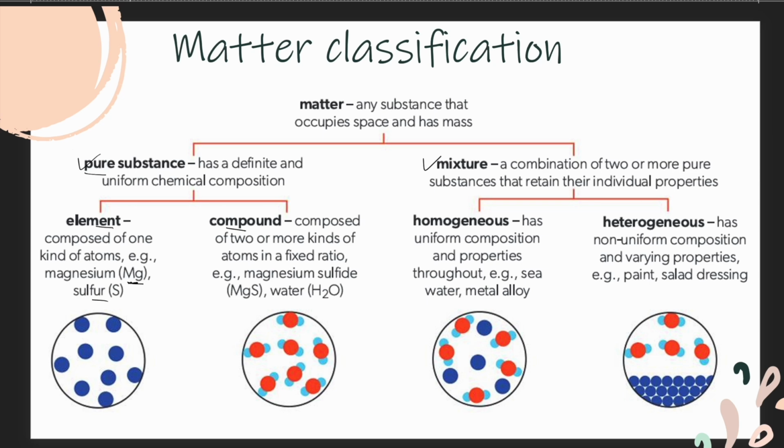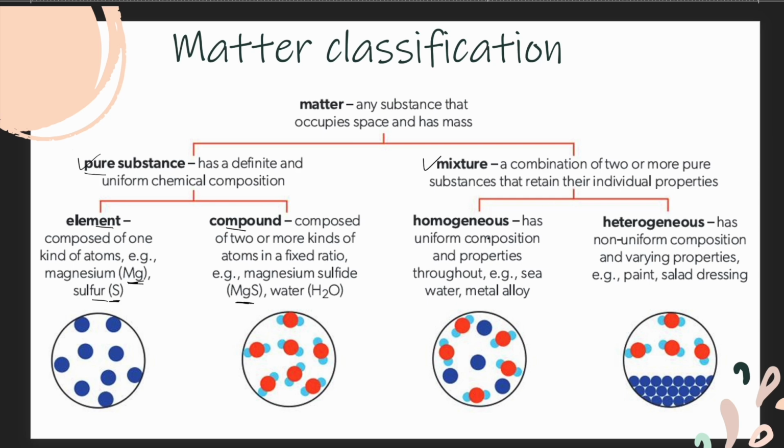Mg has different properties as an element than when it is combined with other elements like oxygen and hydrogen to become magnesium hydroxide. All right, the same with sulfur. Sulfur as an element has different properties when it is combined with Mg to form magnesium sulfite, right?